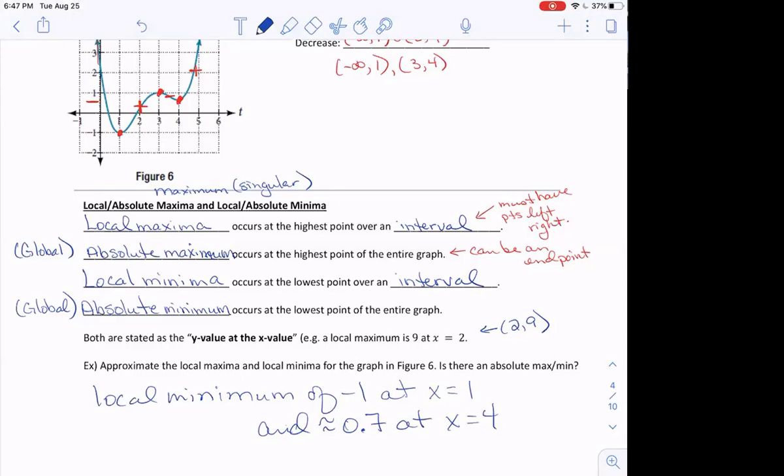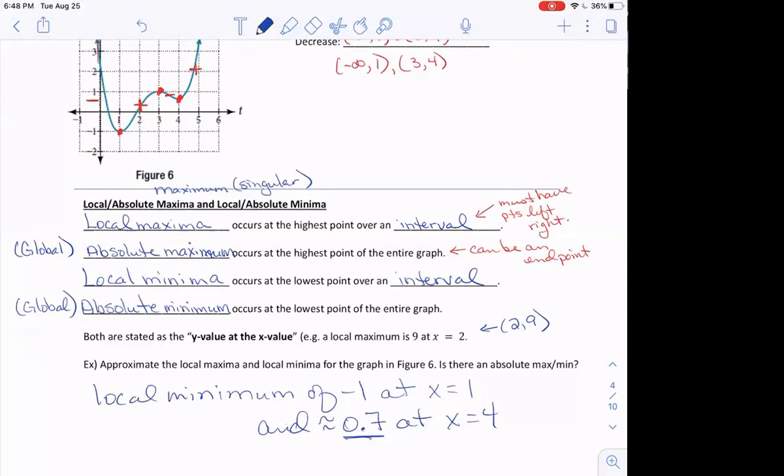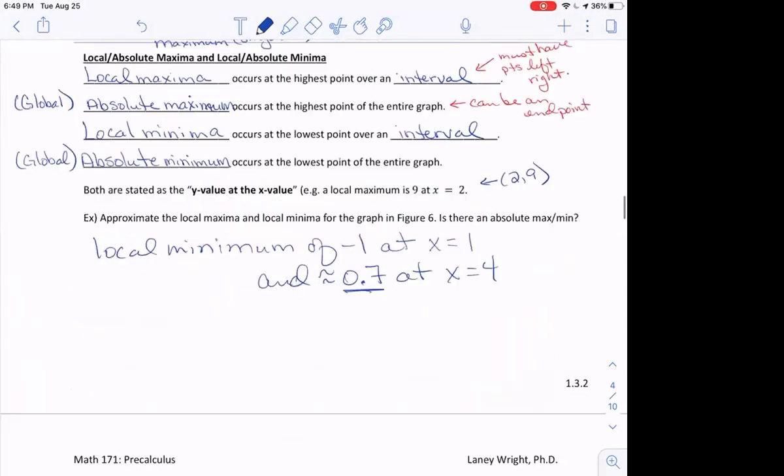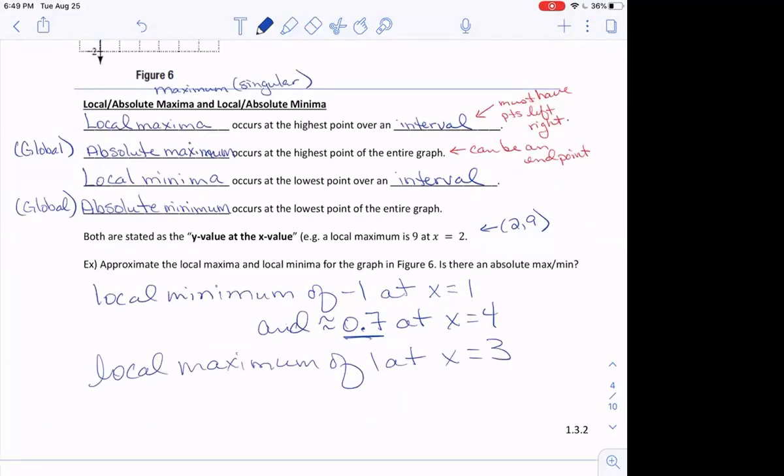So we have 2 local minima. What about local max? We have a local maximum of 1 at x equals 3. So we have those two.